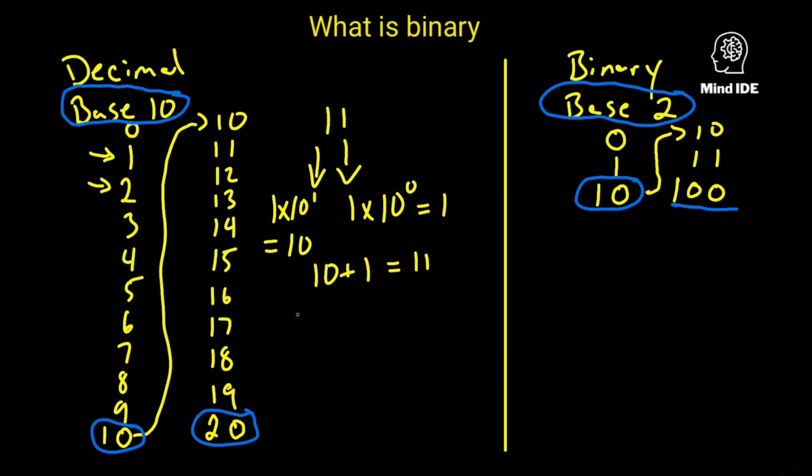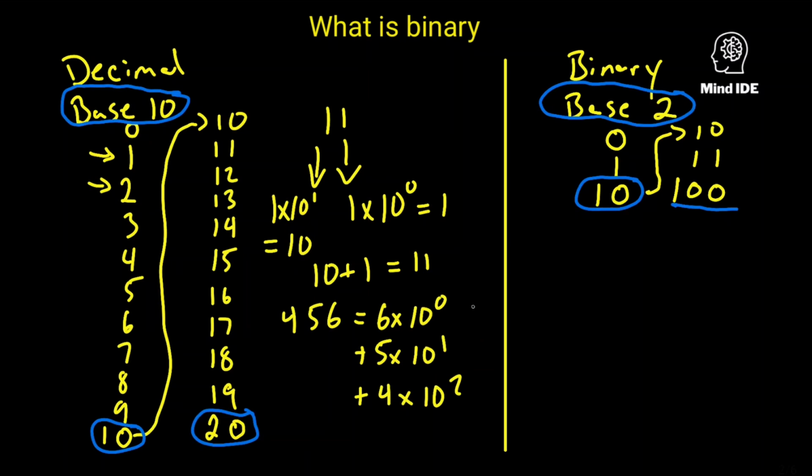But you could do that for any number. So like 4, 5, 6 equals 6 times 10 to the 0 plus 5 times 10 to the 1 plus 4 times 10 to the 2, which is equal to 6 plus 50 plus 400, which is obviously 456.